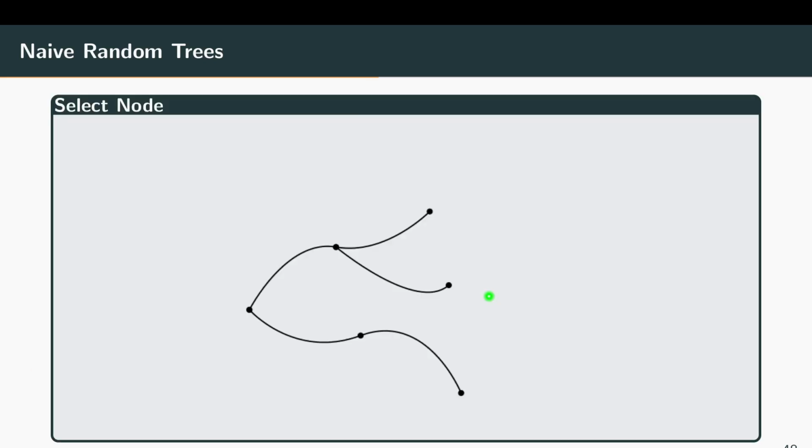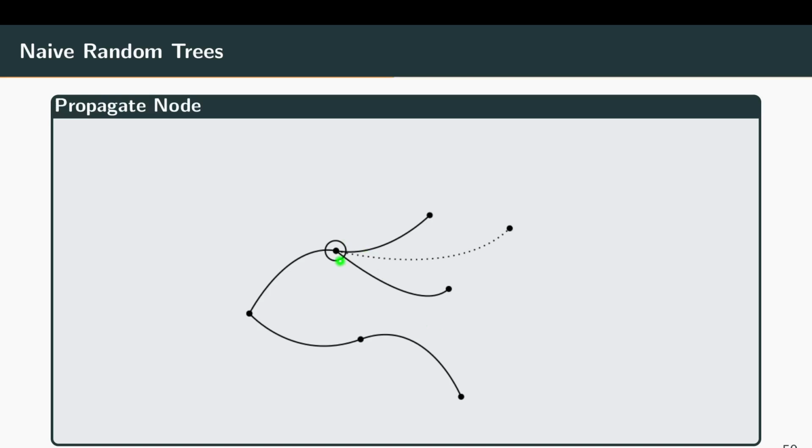Okay, so in pictures we have the same graph here. Uniform selection now means I have 1, 2, 3, 4, 5, 6 nodes. I pick each of them with equal probability. So in this example, let's say we just pick this one.